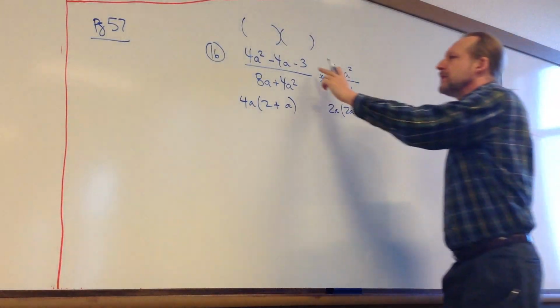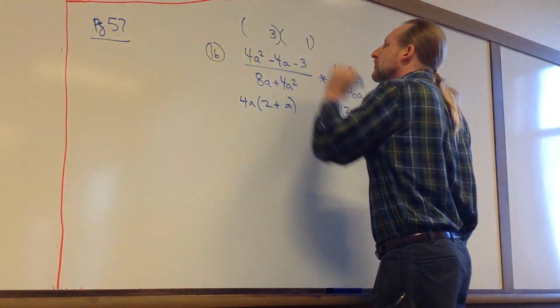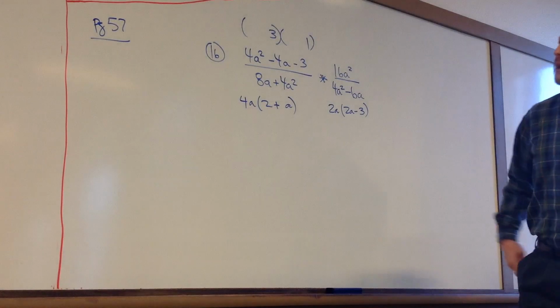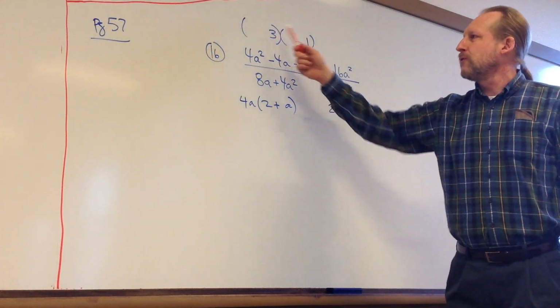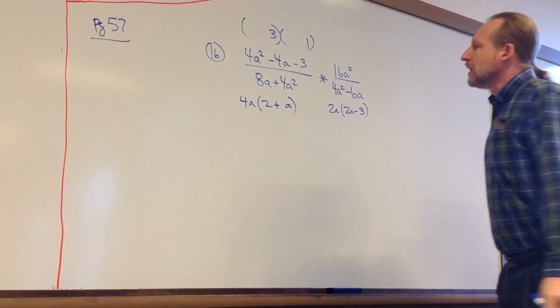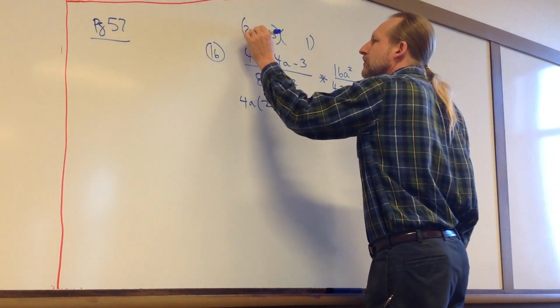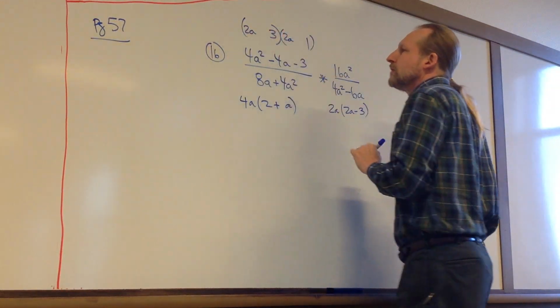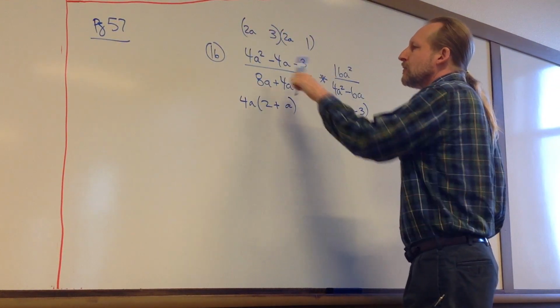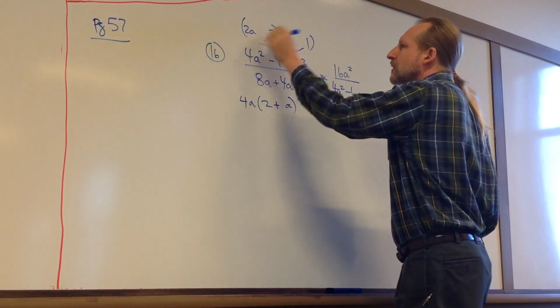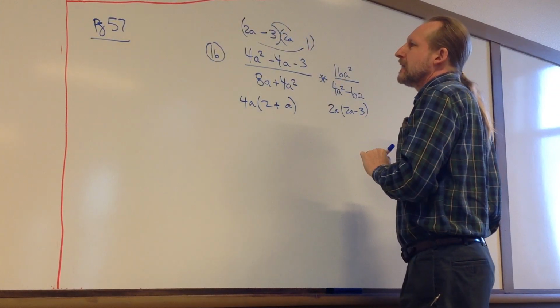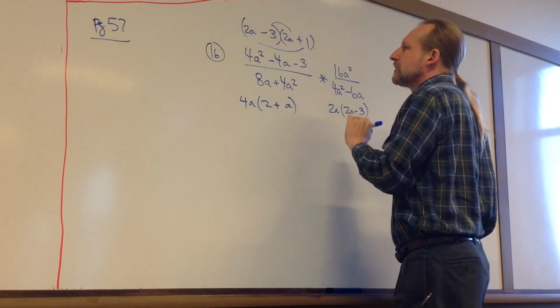Let's see. Well, the 3 is prime, so it has to be 3 times 1. For the 4, we've got a choice of 4 and 1 or 2 and 2. Let's try the 2 and 2 first. 2a and 2a. And let's see, we want a negative 4 in the middle. So that means we can make that negative 6a, positive 2a.